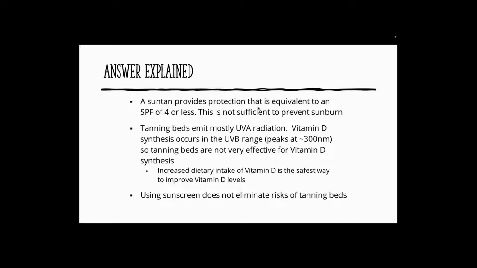They've even done studies on surfers in Hawaii that have been shown to have low vitamin D levels. So it's not just the sun, it's genetics, and there are dietary habits. There's lots that go into our actual vitamin D levels. And the best way to treat low vitamin D is through dietary intake. It's not from going out and getting more sun exposure. And then, as we mentioned, using sunscreen does not eliminate the risks of tanning beds.